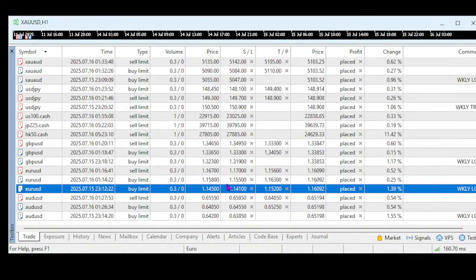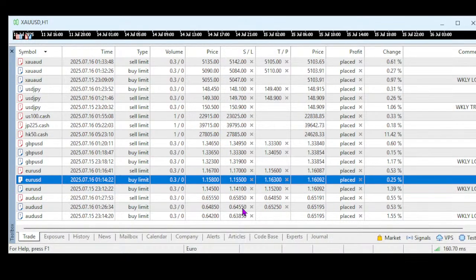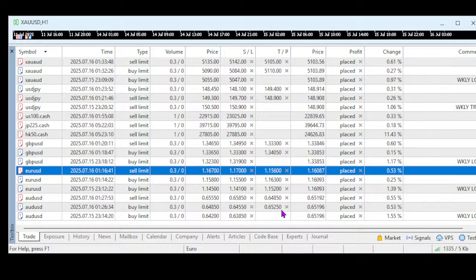Then we have a scalping entry buying at 11580, stop at 11550 and 11630. So this is your scalping entry. Then we have a day entry which is selling at 11670, 117 stop, and 11560.